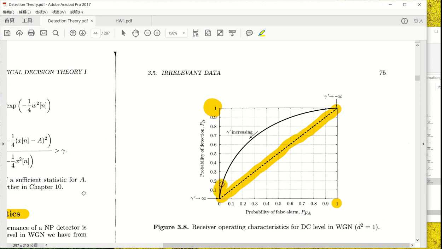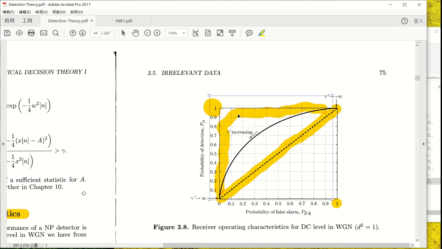And usually we like this to be going through this direction. For example, if you have a detector that looks like this, then we consider it very good because it has a very low PFA and yet very high PD. That's something good.